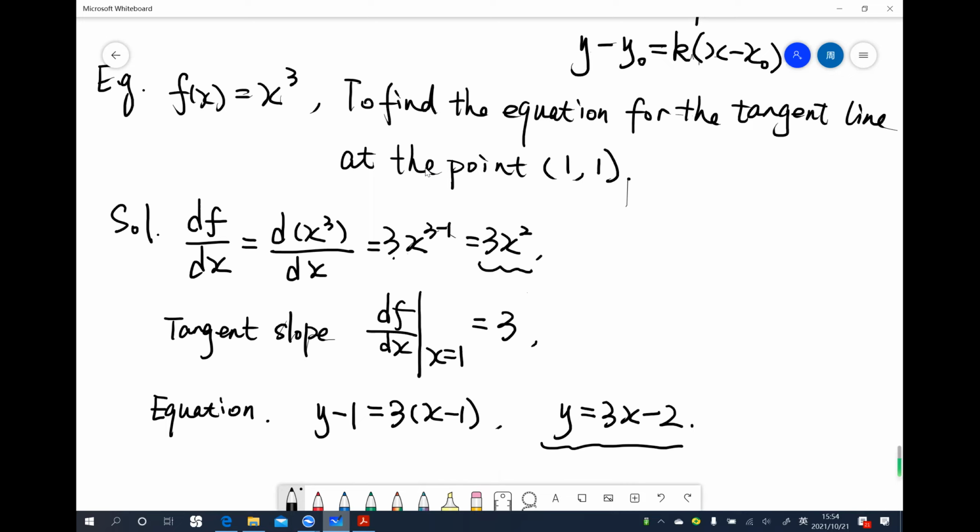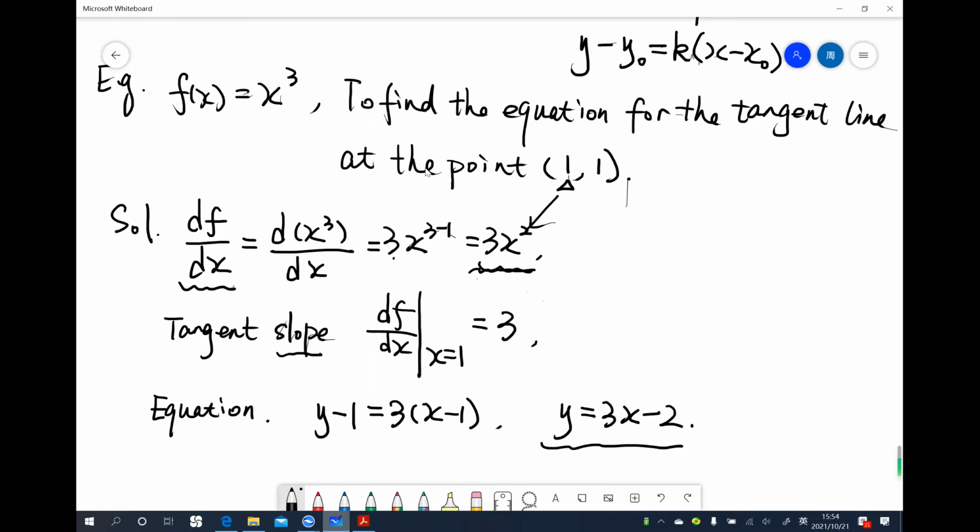No, right? Okay. Tangent slope. Please describe about tangent slope. We first get the derivative of the function. We know that is 3x squared, right? Yes. So the tangent slope means we have to substitute the point into this function.